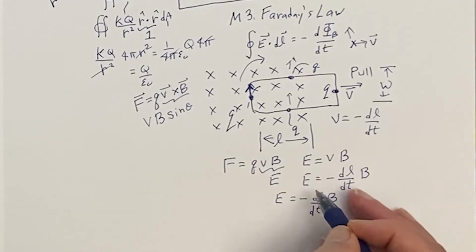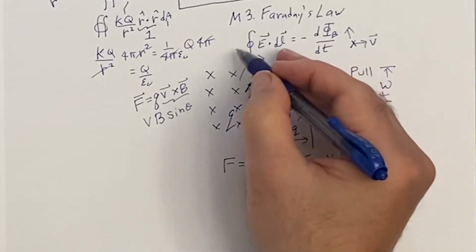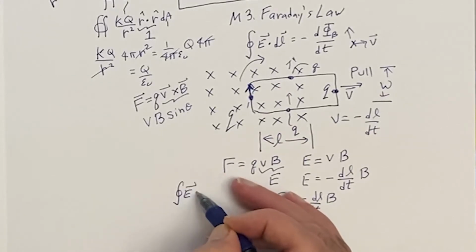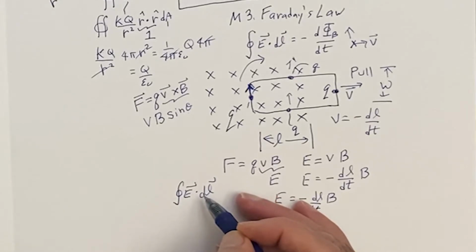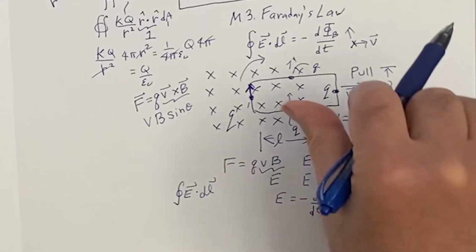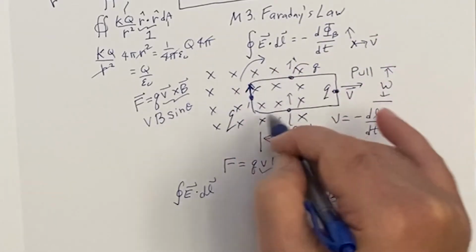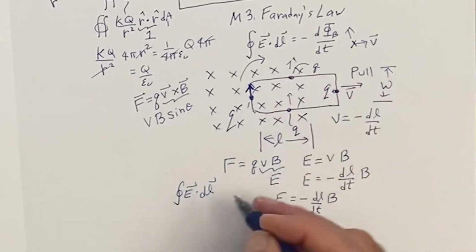And then here, just curious, what is this? If I take this loop integral, let's just look at this for fun. Let's go around so that if you put your thumb straight in, your fingers curve that way. Let's do the loop that way to match the magnetic field direction with the thumb.